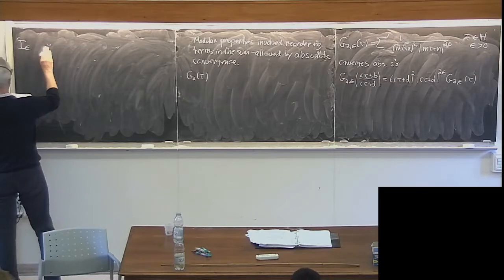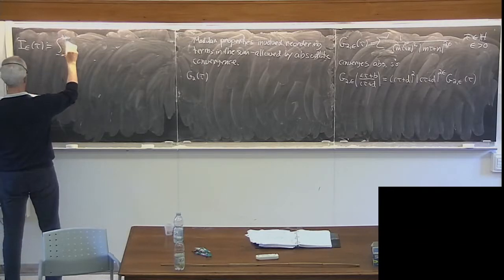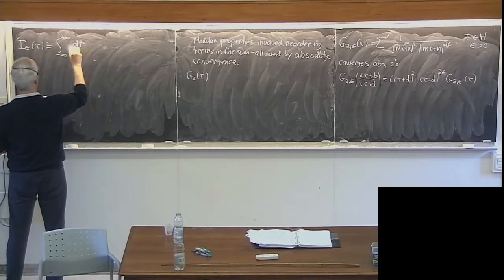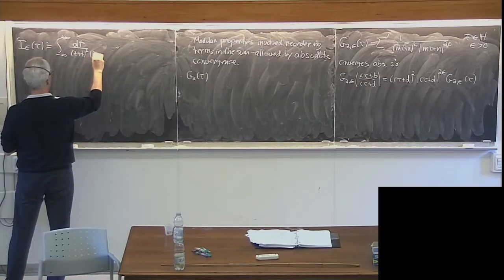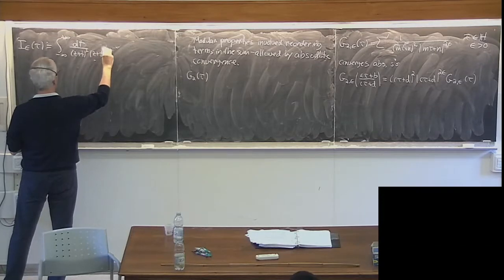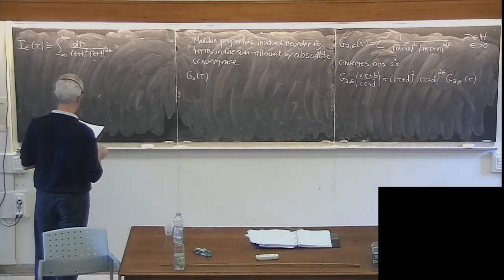I epsilon of tau is the integral from minus infinity to infinity dt of 1 over (z plus t) squared times the absolute magnitude of (z plus t) to the 2 epsilon. Note the similarity to the denominator in G_2.